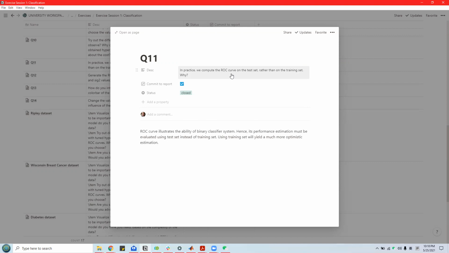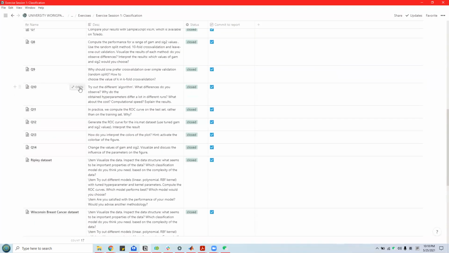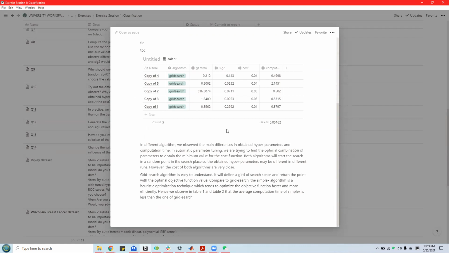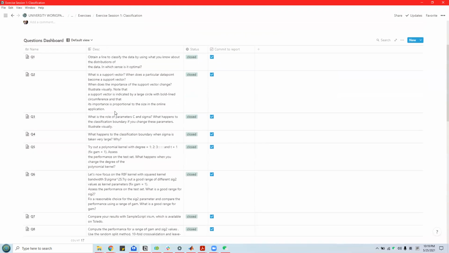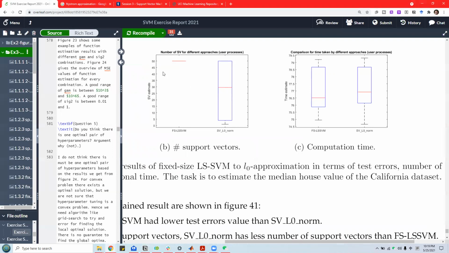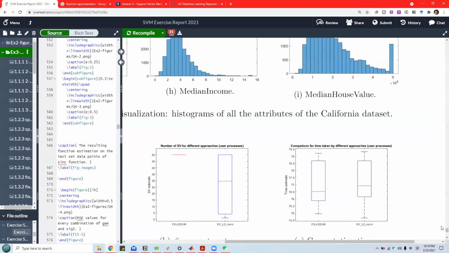Are you talking about this question? Before question 10, I think it asks you to run the script and it gives you an ROC curve. But it's something on exercise 1, right? Yes.